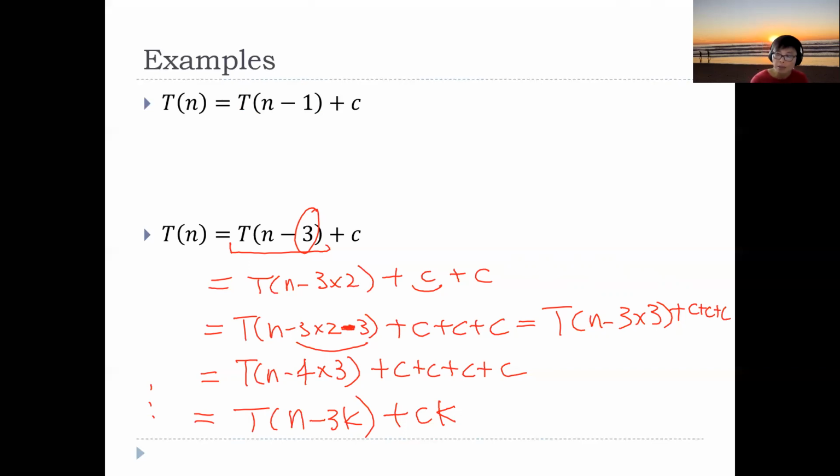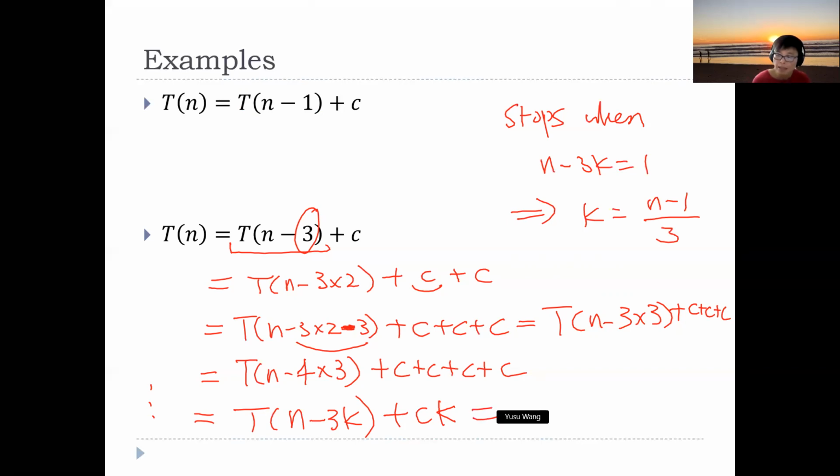And this stops when inside becomes 1: n minus 3k equals 1 means k equals n minus 1 divided by 3. So that means this becomes T of 1 plus c times n minus 1 divided by 3.